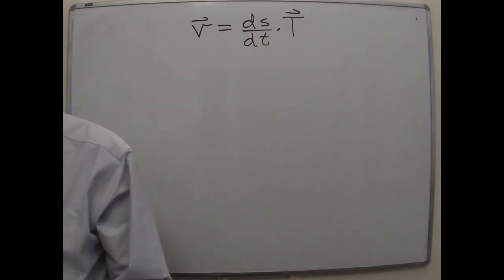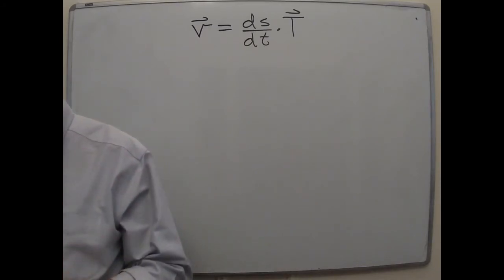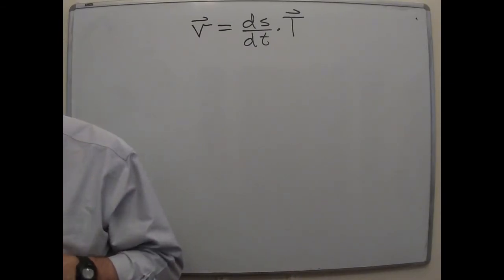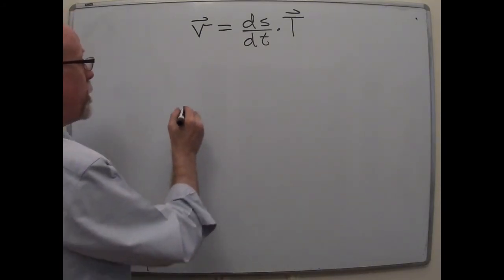And then we're going to do the same thing we did a little bit ago while we were deriving the alternate formula for the curvature, which is take that thing and take its derivative using the product rule. And that'll get us the acceleration, right?